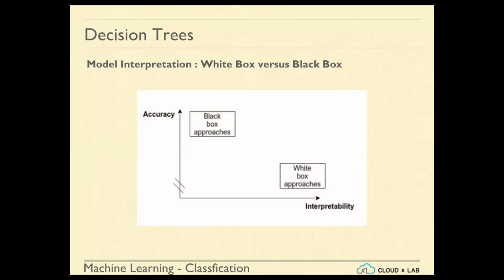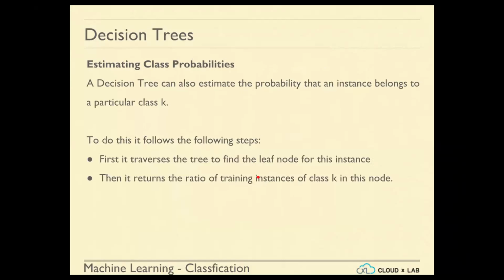All right, this is the diagram that puts it correctly: the white box approach versus accuracy. As interpretability increases, it's more of a white box. If the interpretability is low, it's called black box. Now the decision tree is a white box model, but when you ensemble decision trees and have many parameters, then after a point of time, it becomes black box.